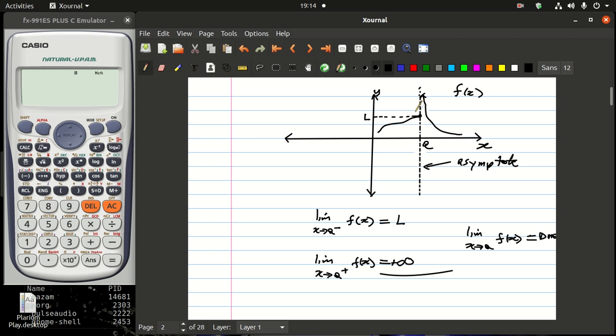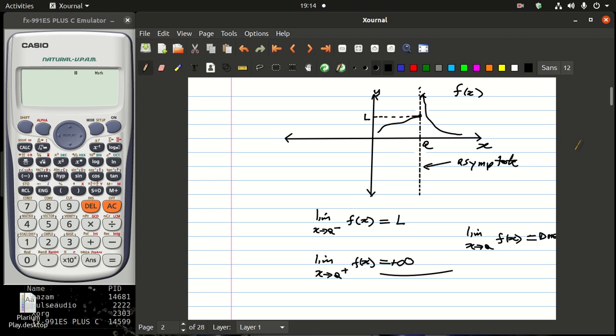What is an asymptote? An asymptote is actually a value such that this function is not being touched when we are considering a certain portion of it.